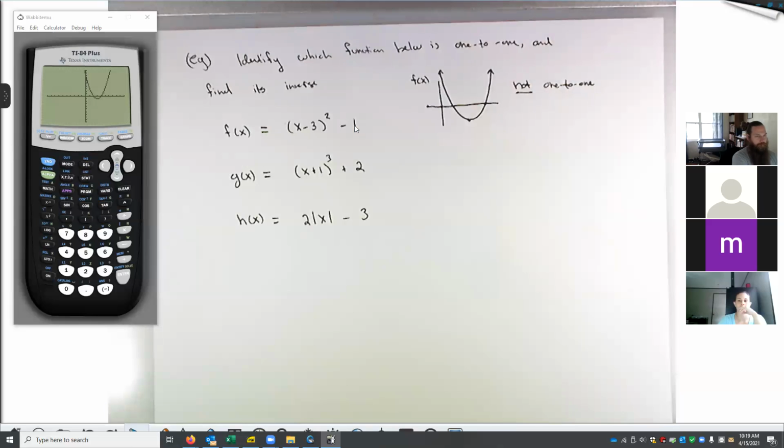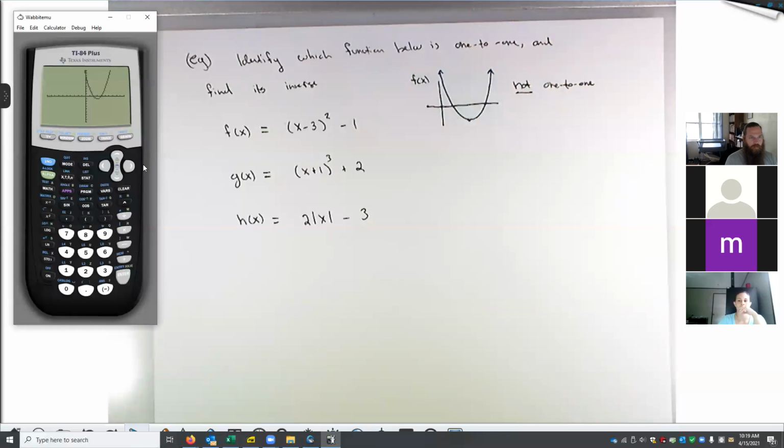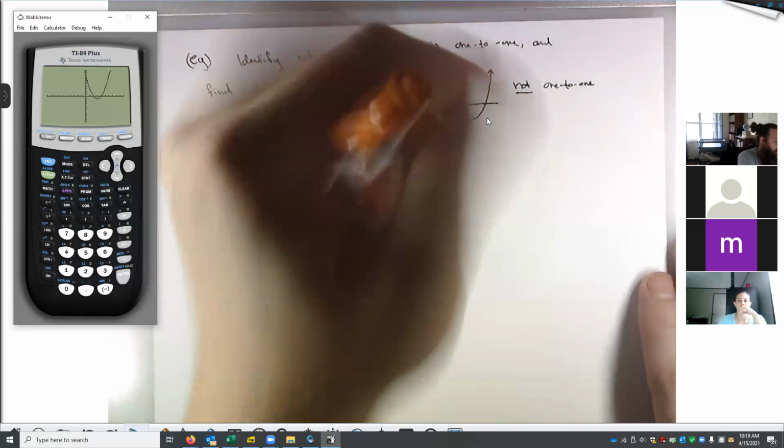Why is this not a 1-to-1 function? So I just sketched by hand the graph that I got from my calculator here. You could say because it has 2 x-intercepts, but more specifically, there are lots of horizontal lines.